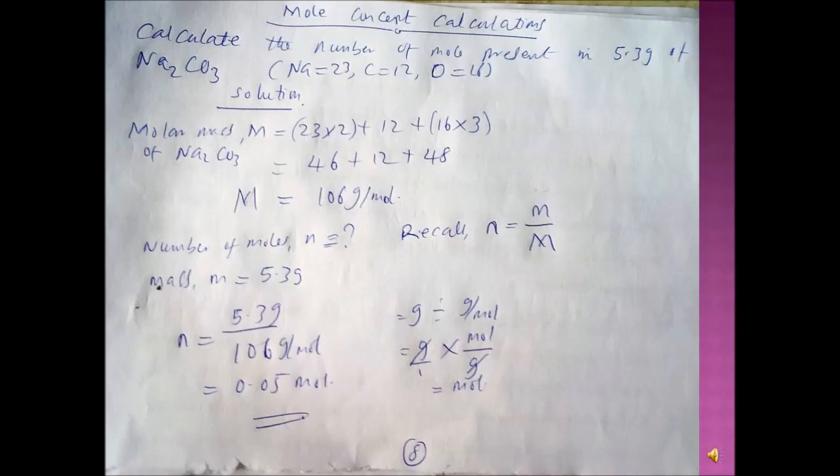And when you divide gram by gram per mole, you change the division to multiplication and reciprocate, so the mole goes up and the gram comes down. That is how we come to the realization that n is in mole.